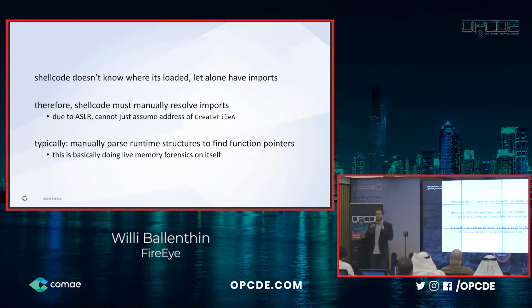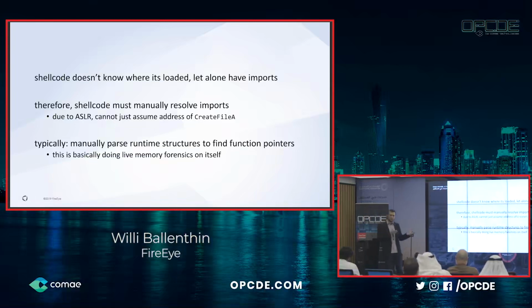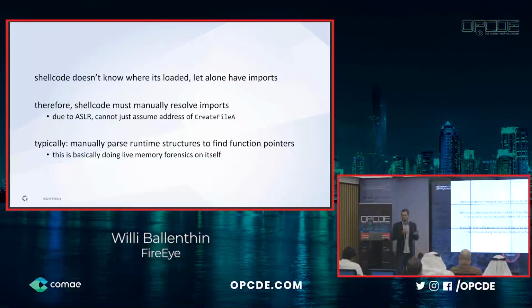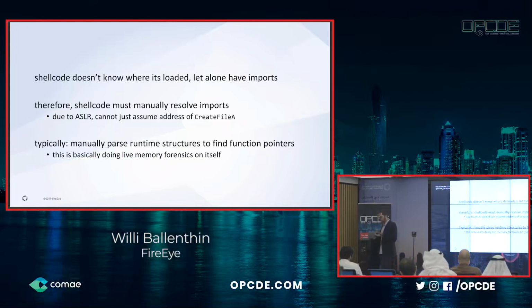It has to find some global structures. It has to follow pointers. It has to use its knowledge of Windows internals to ultimately get access to the single function pointer to maybe create an HTTP request. It's a lot of work. But it's the price you pay for deploying a payload that's written in shellcode. Okay. Well, let's dig into how this works and see if we can figure out better ways of detecting this.